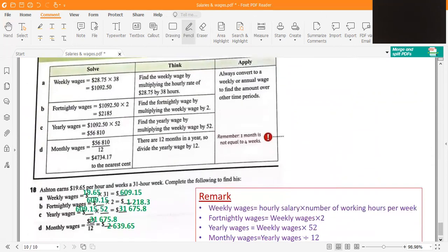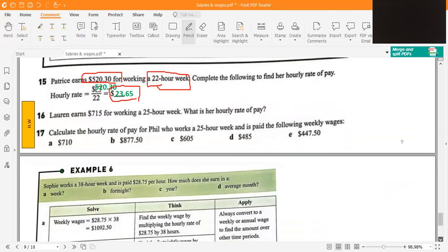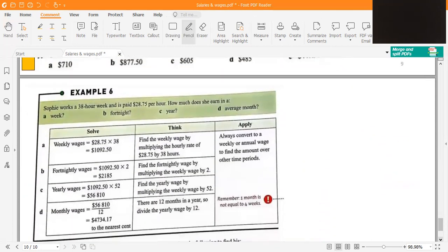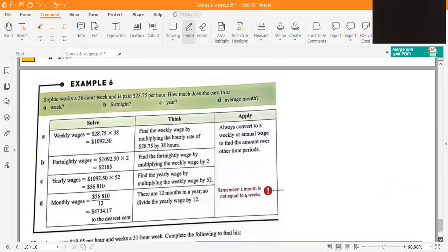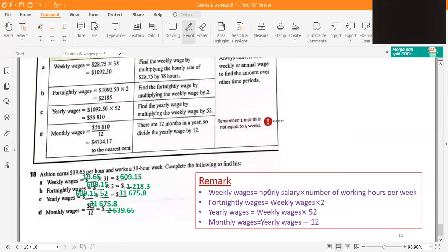Finally, if we have the hourly rate, how do we obtain weekly, fortnightly, yearly and monthly wages? Very easy. Weekly wages equal the hourly salary times the number of hours. Fortnightly is the weekly wages times 2.